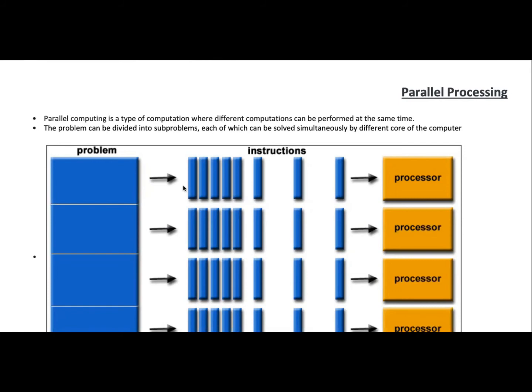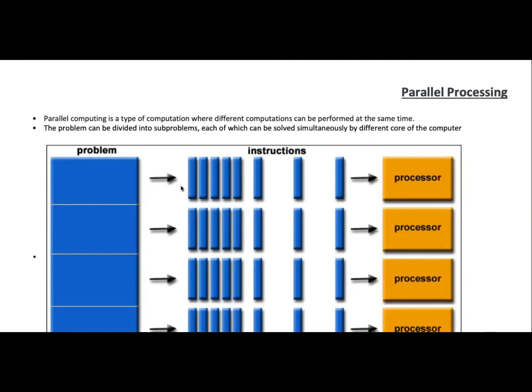Nowadays all computers come with many-core CPUs, let's say a 4-core CPU or a 2-core CPU. The number of cores you have is the number of parallel computations you can have.